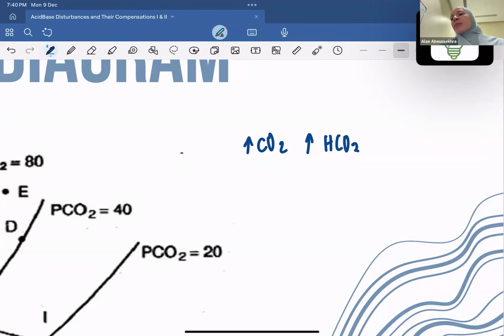So you just need to think about a condition where we have both increased CO2 and increased bicarbonate. That could be a respiratory acidosis where we have increased CO2, and the compensation is that we have increased bicarbonate. Or it could also be a metabolic alkalosis because you have increased bicarbonate and the CO2 increases to compensate.